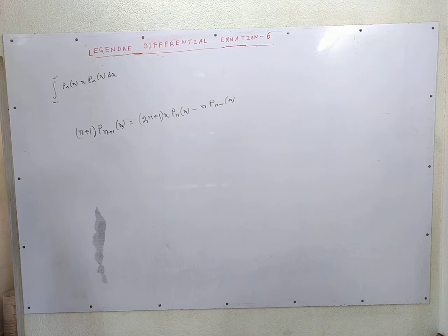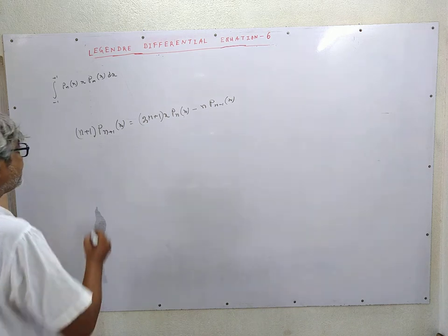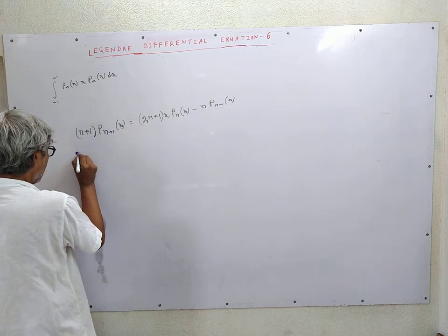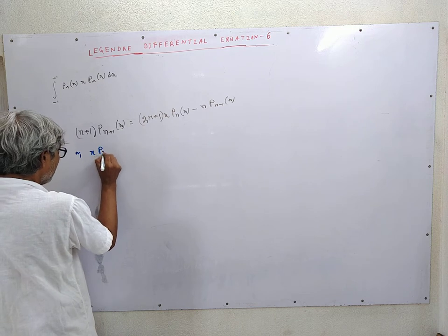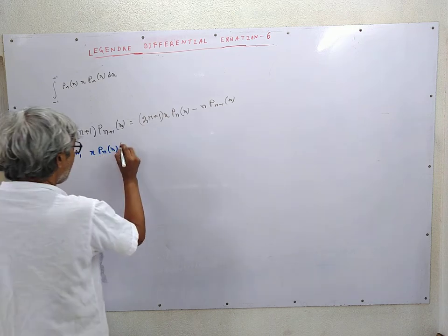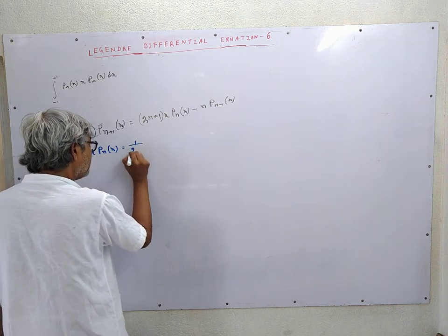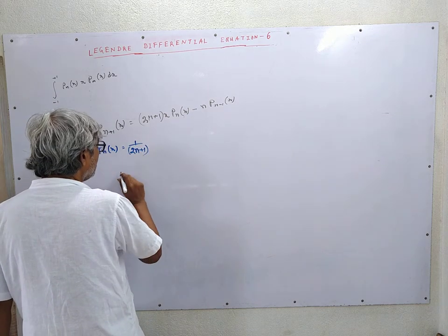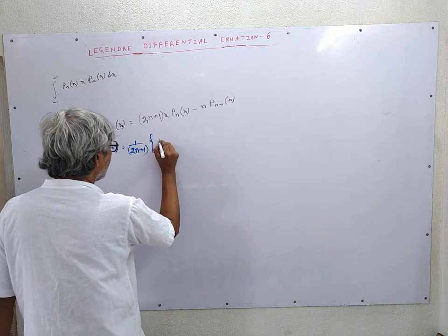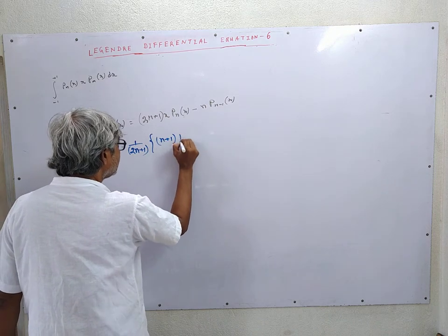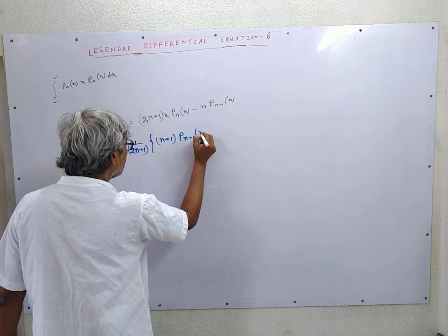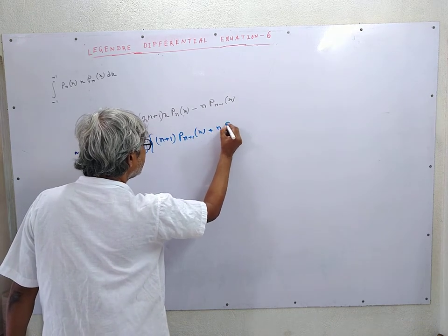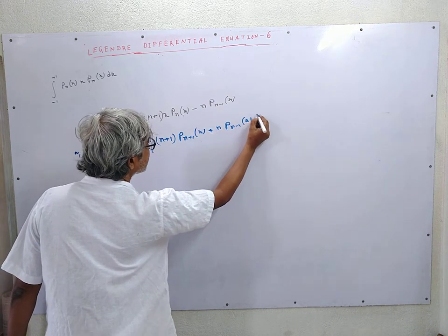We obtain this relation by differentiating the generating function with respect to t. This expression can be written as x Pn of x is equal to 1 upon 2n plus 1 times n plus 1 Pn plus 1 of x plus n Pn minus 1 of x.